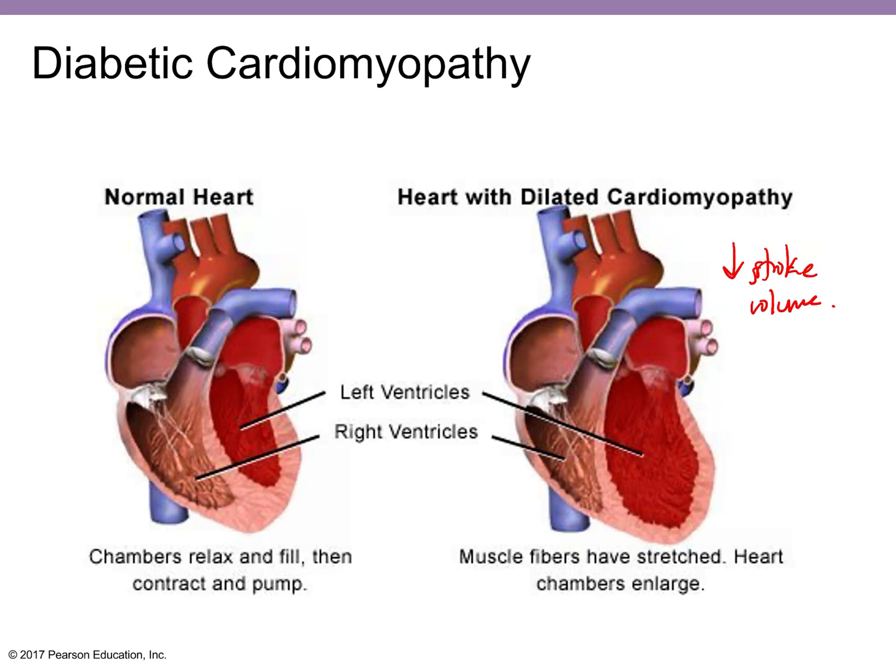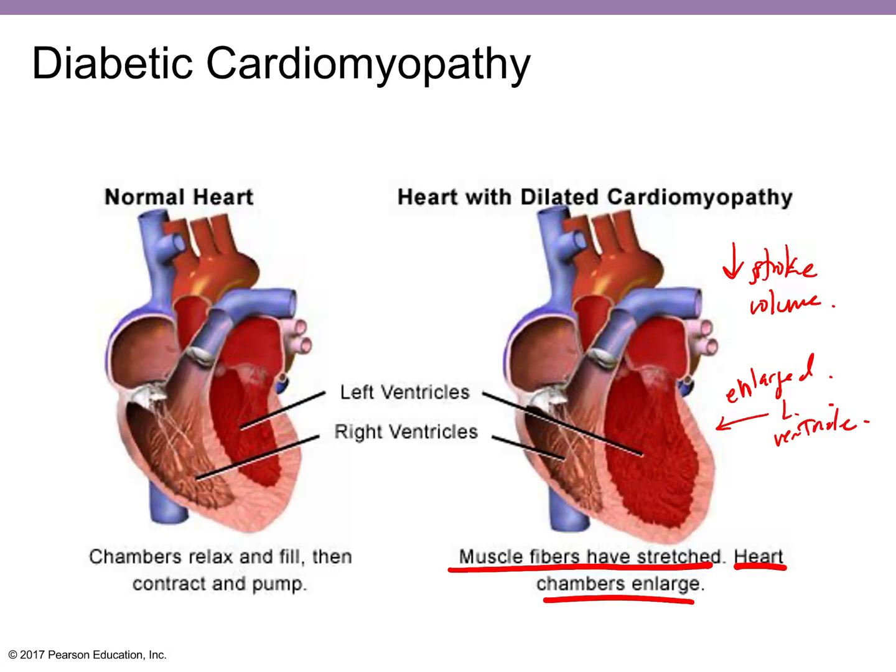If you're not going to pump out as much blood with every stroke, the heart tries to compensate by enlarging. So you might get an enlarged left ventricle here. The muscle fibers have stretched, the heart chamber is enlarging, and that is dangerous. So the heart muscles get weaker over time.